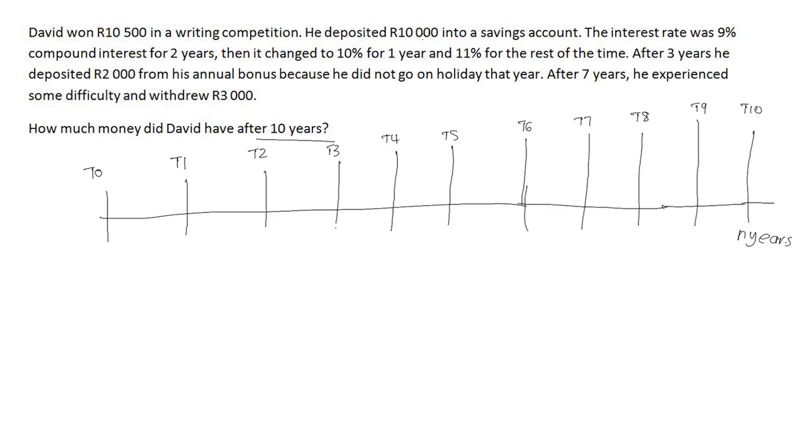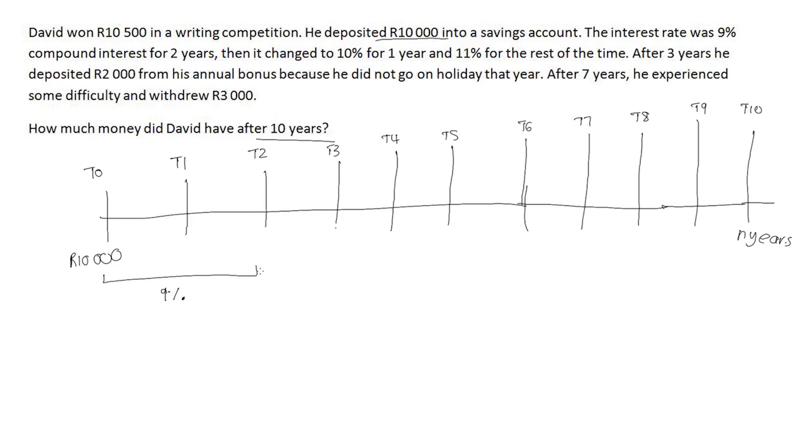The question says that he deposited 10,000 Rand into the account. So this is his initial deposit. The interest rate was 9% compound interest for 2 years. So it was compounded at 9% for 2 years. The rate then changed to 10% for 1 year.